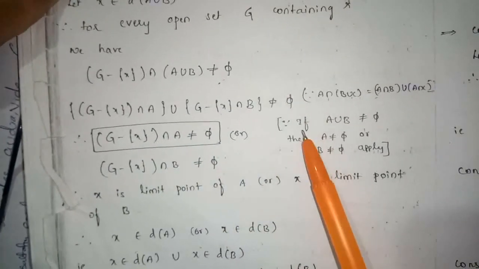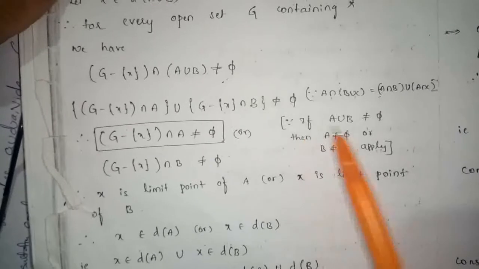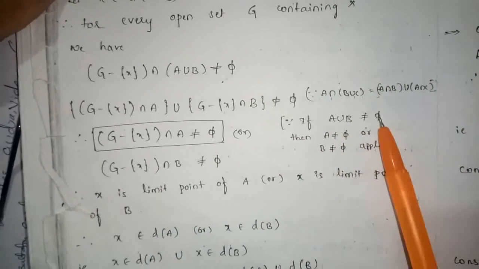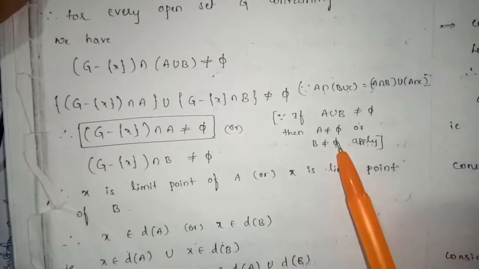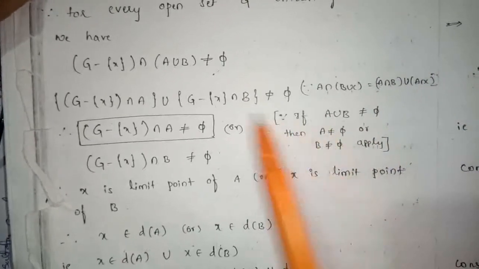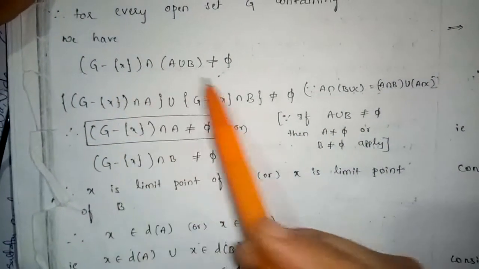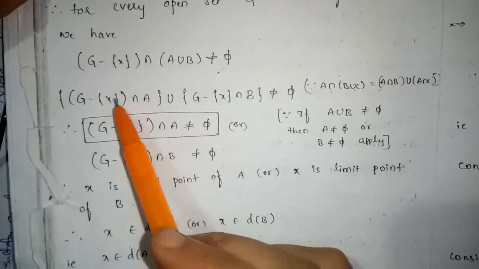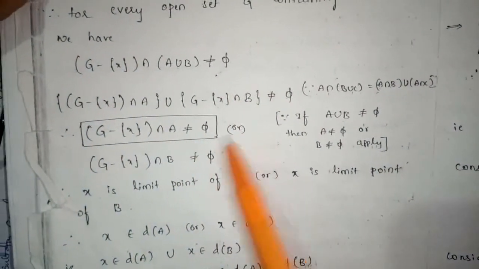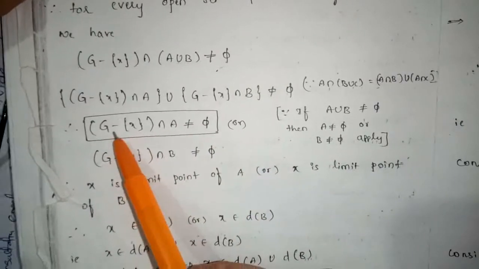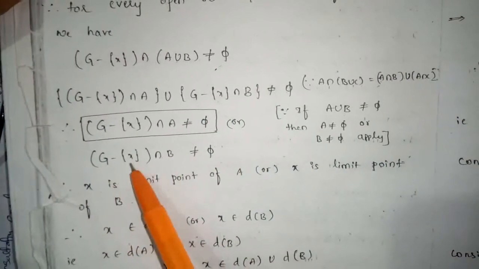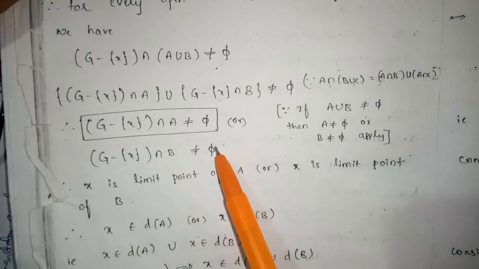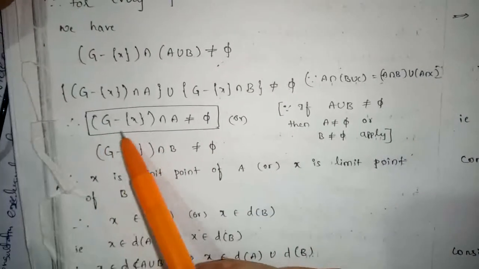And also by using set theory, we know that if A union B is not equal to phi, then A is not equal to phi or B is not equal to phi. Using this condition, this is the value of A, this is the value of B. That is, G minus X intersection A is not equal to phi or G minus X intersection B is not equal to phi. What is this meaning?